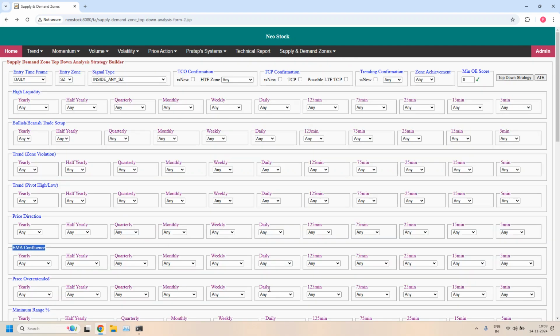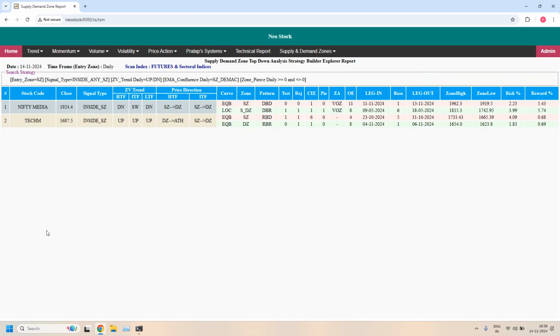So in the EMA Confluence, daily time frame, the daily supply zone having daily EMA Confluence, and the trend on daily time frame should not be sideways. That means up or down. We got 2 stocks. So this is about daily time frame.